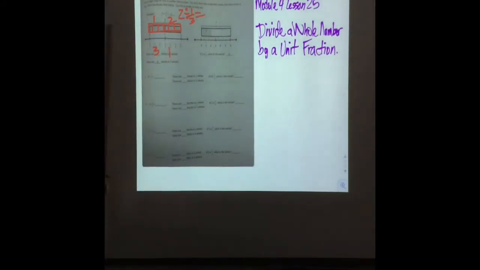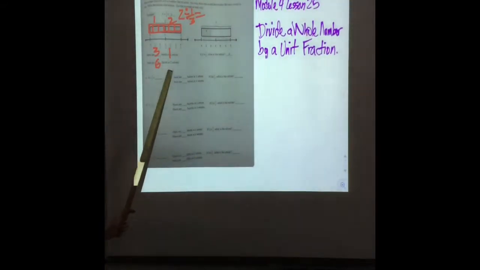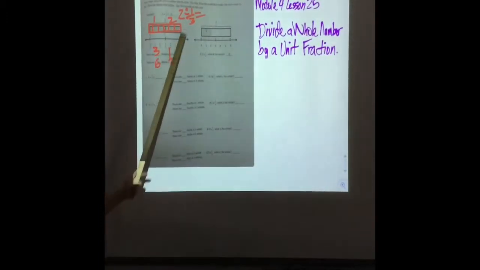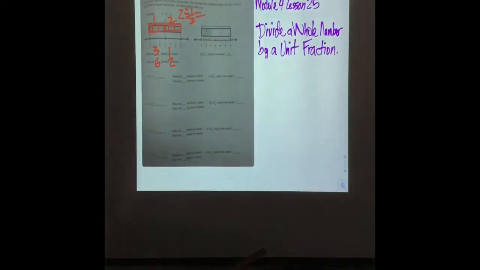Well, we go 1/3, 2/3, 3/3, 4/3, 5/3, 6/3. So we have 6 thirds in 2 wholes. Does that make sense? So our answer is 6.